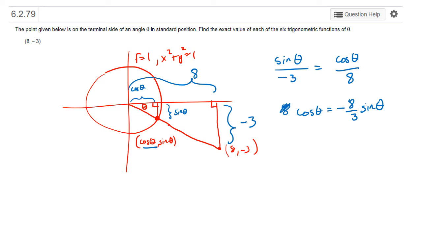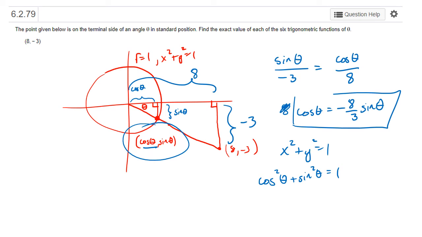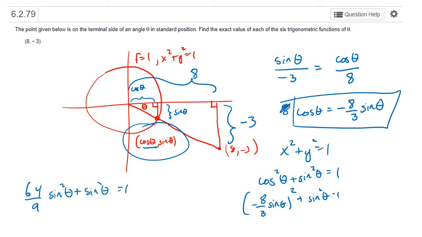Then I'm going to look at this expression for this circle, x squared plus y squared equals 1. But for this particular point, x is cosine theta and y is sine theta. So cos squared theta plus sine squared theta equals 1. But we've just observed that the cosine of theta is negative 8/3 sine theta. Okay, so what we end up with is 64/9 sine squared theta plus sine squared theta equals 1.